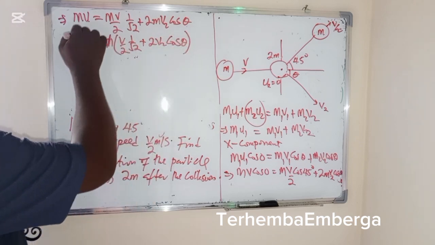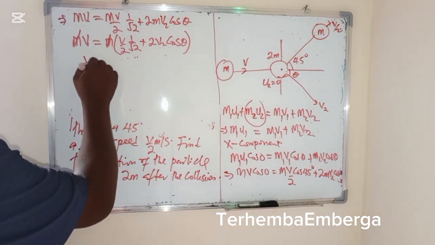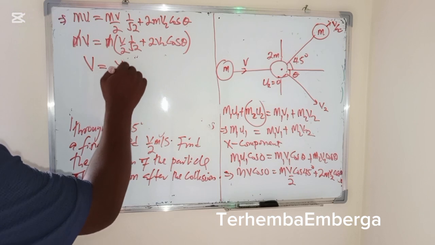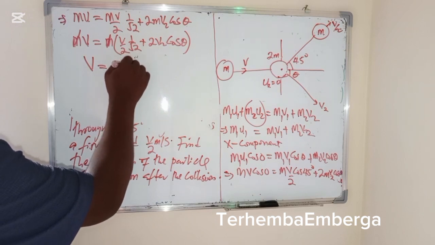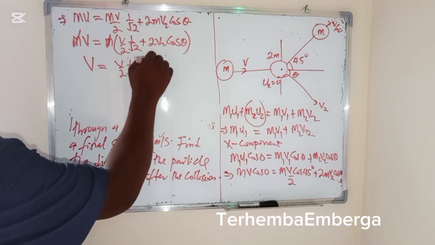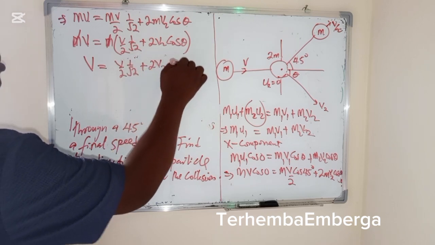This m will take care of this. I will have v equal to v over 2, 1 over root 2, plus 2 v2 cos theta.